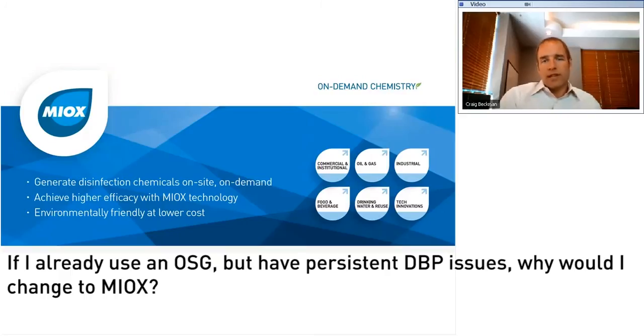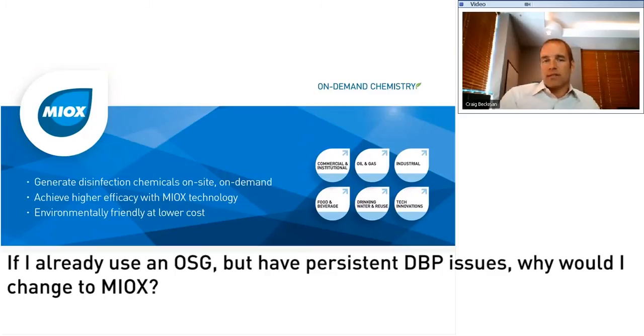However, the second area we've seen extensive and potentially more issues with disinfection byproducts is in distribution. So after the water is treated and the primary dose of oxidant, bleach, chlorine is used, and the water has time to react out in the distribution with the organic material, that is where the disinfection byproducts often come from.